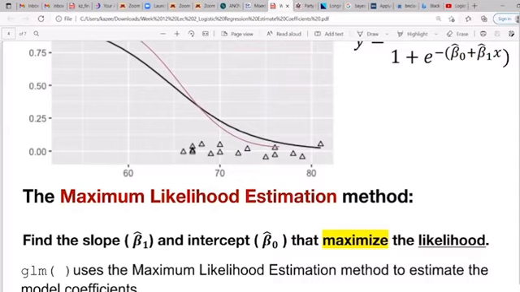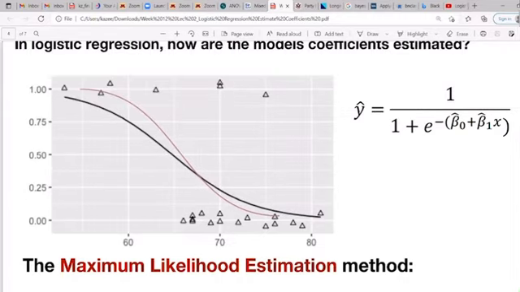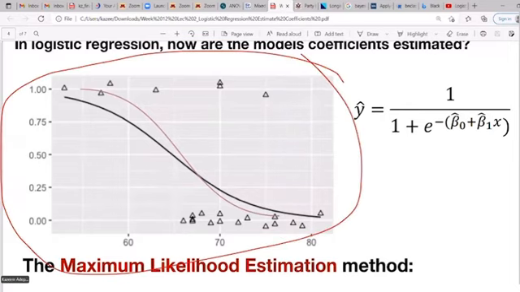Before I move to the understanding of the maximum likelihood estimation method, and before I explain how it is different from the least square estimation method, I think I need to first discuss what I have here.